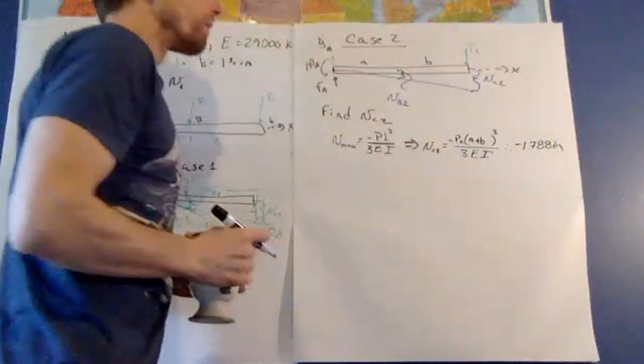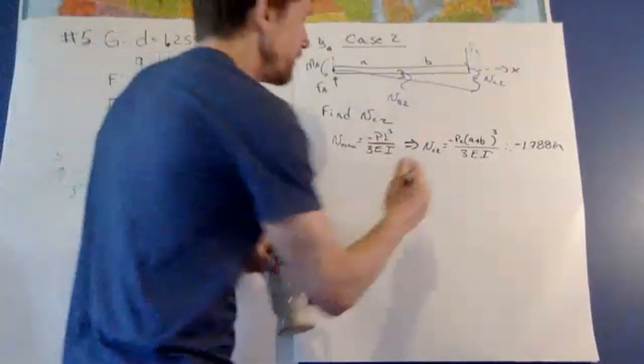Absolutely, Lee. So we do A plus B, and that gets the quantity cubed. Then we have 3EI. We already know everything, so the only unknown is on the left side. Therefore, it makes it fairly easy to solve this. So I have a negative 1.788 inches, or 1.79 inches, as our displacement for VC2. So this one is done.